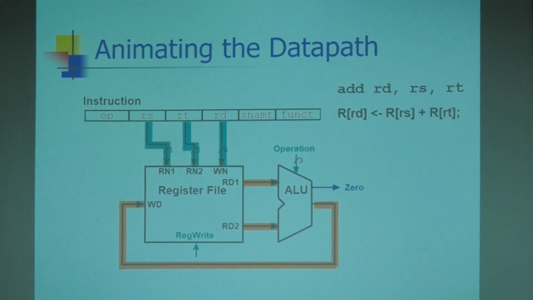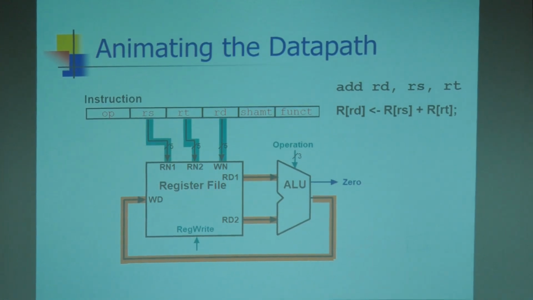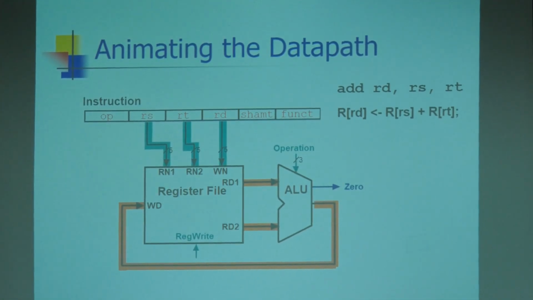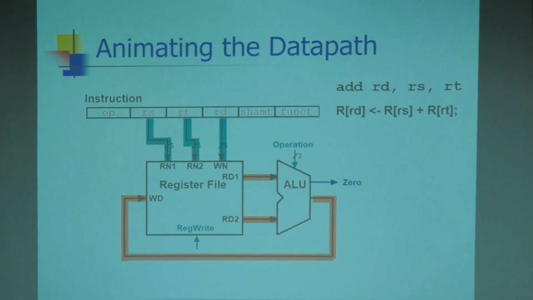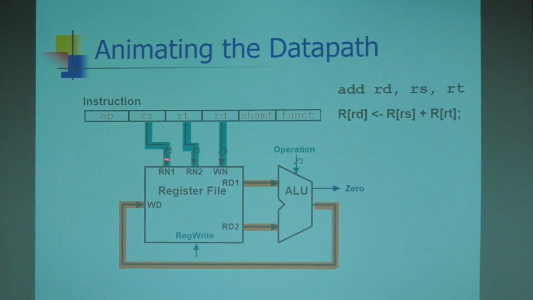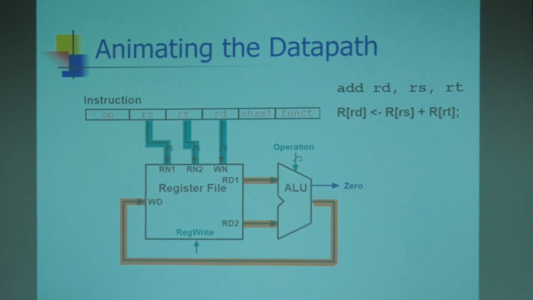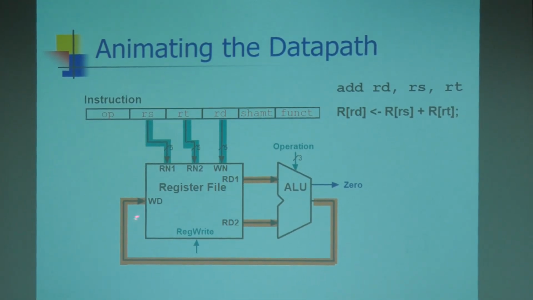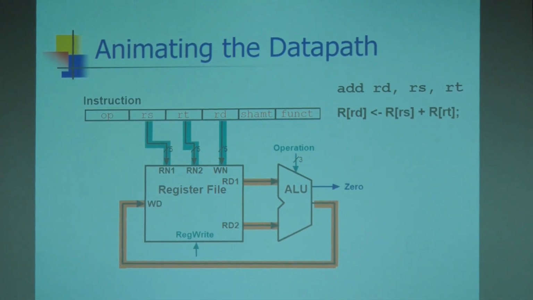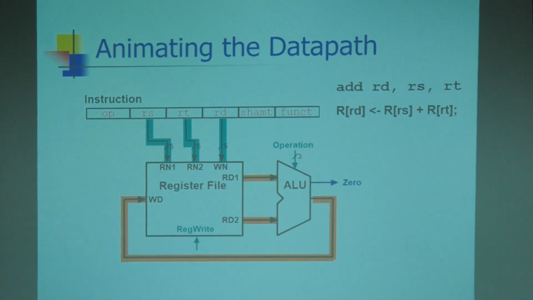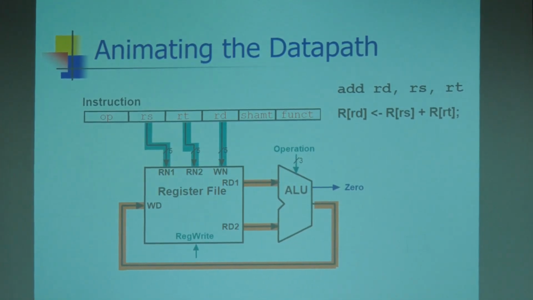Why is the address 5 bits? Because here the number of registers is 32, and out of 32 we have to select 1. That means 2 power 5, and 2 power 5 is 32. Okay?